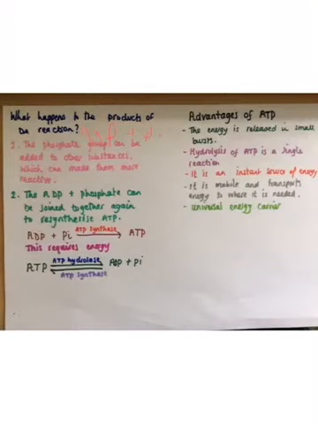Phosphorylation, as you will come across in A2, is a very important process because a lot of enzymes and other molecules need to be phosphorylated before they become activated. An example is during respiration. Glucose must be phosphorylated before it will be used in the body.